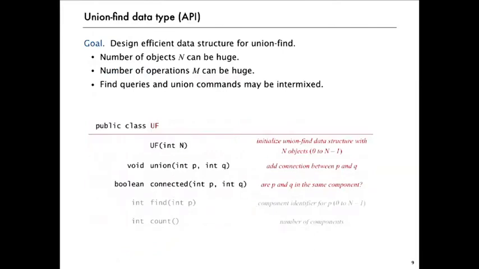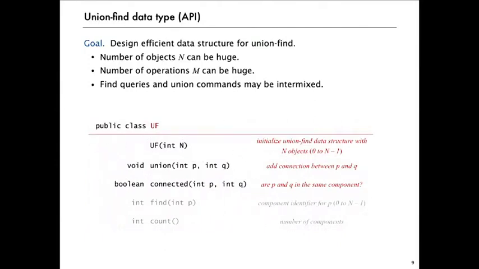All of that leads up, in a programming world, to specifying a data type, which is simply a specification of the methods that we're going to want to implement in order to solve this problem. So in our typical Java model, what we'll do is create a class called UF that contains 2 methods, one to implement union, the other one to implement connected, which returns a Boolean.